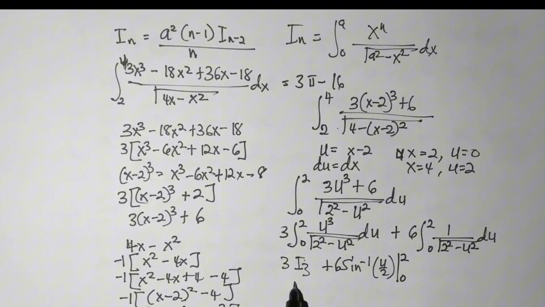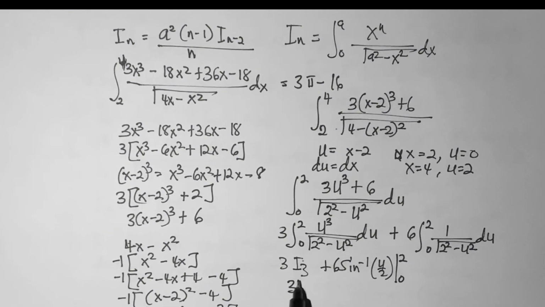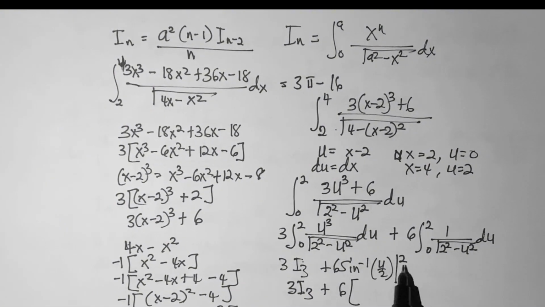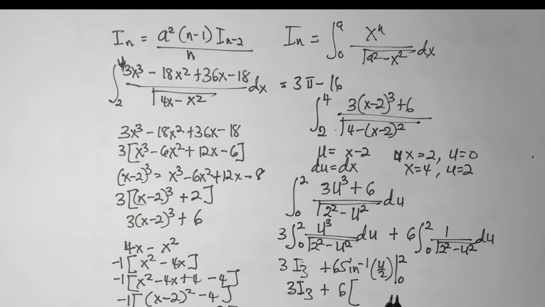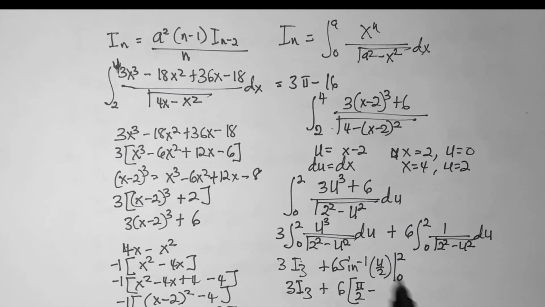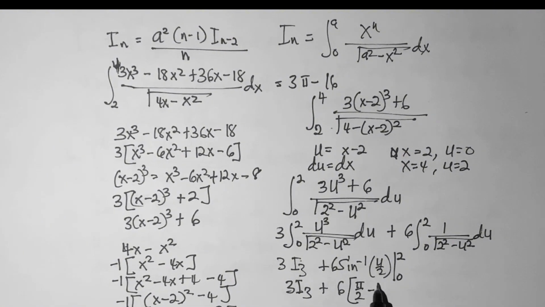This is equal to 3 I3 plus 6 times, now if you put in 2 divided by 2, that is 1. Sine inverse of 1 is 90 degrees, which is the same as pi over 2. And then minus, if you put in 0, sine inverse of 0 is 0.